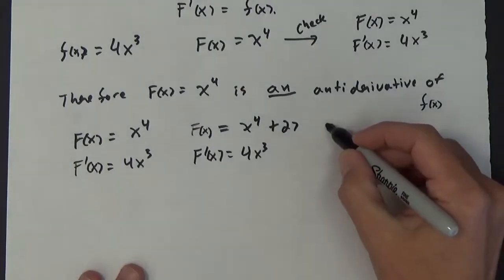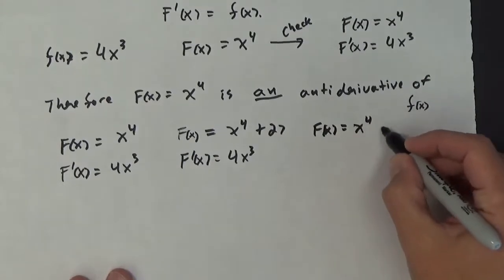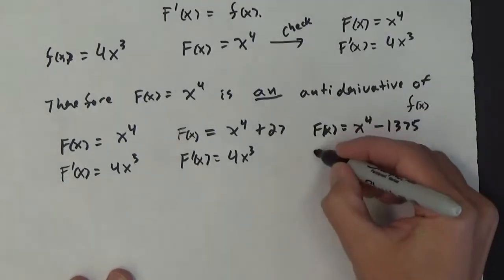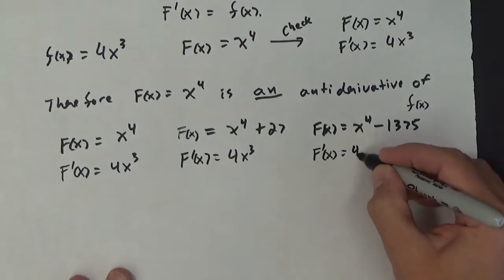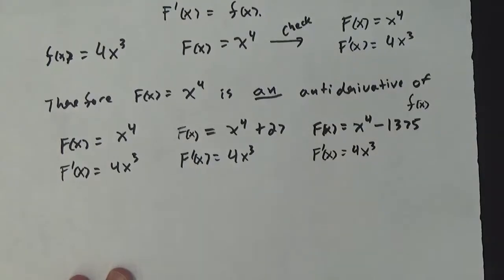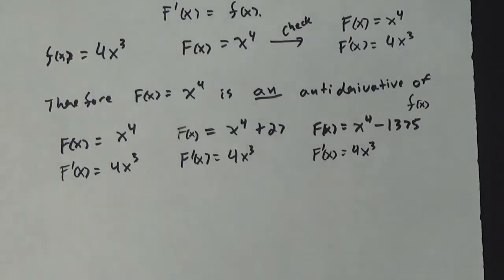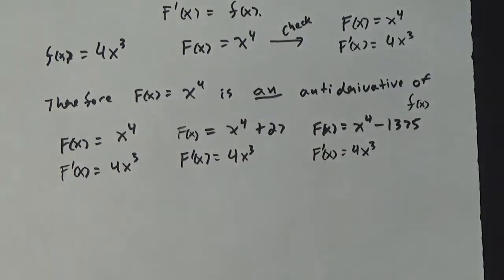And we can do this for another. Let's say we have f of x equals x to the fourth minus 1,375. And we take the derivative of that. The derivative of x to the fourth is 4x cubed, and the derivative of negative 1,375 is 0. So notice that we have 3 examples of a function whose derivative is 4x cubed.